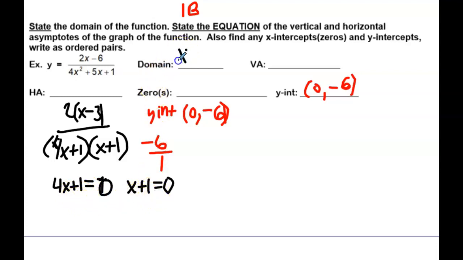All right. So x cannot equal negative 1/4 or negative 1. Now, as long as there's not a hole, both of those values become what? The vertical asymptotes. Good job. So we have one at x equals negative 1/4 and x equals negative 1.